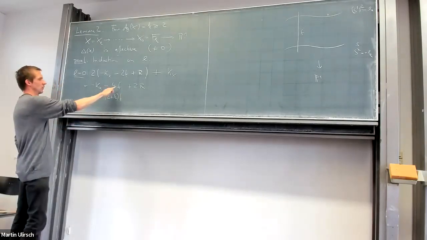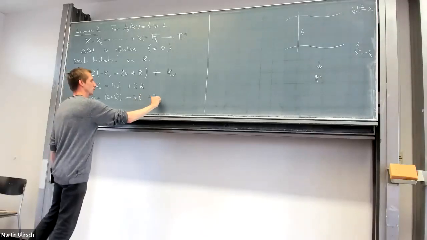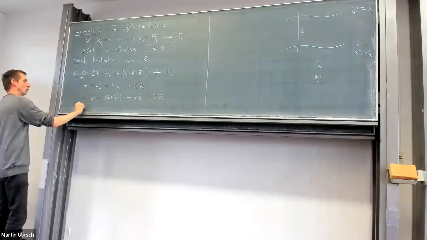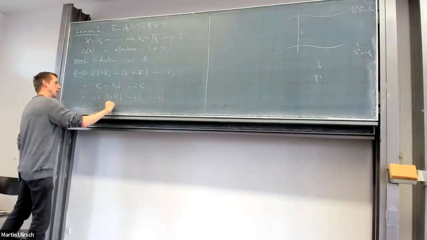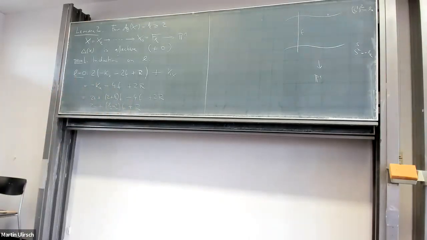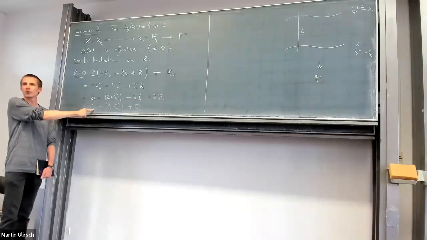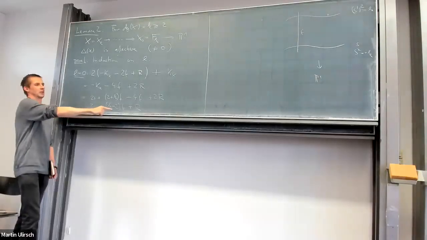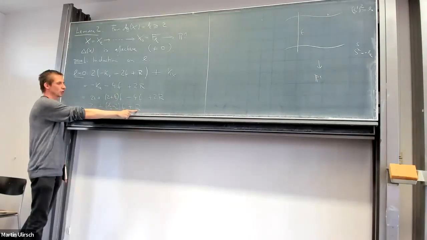And okay, so we substitute. What we get here is 2s plus (k minus 2) times f plus r. And we observe that this is clearly non-zero and effective. We don't know exactly what it is, but it is effective for sure.